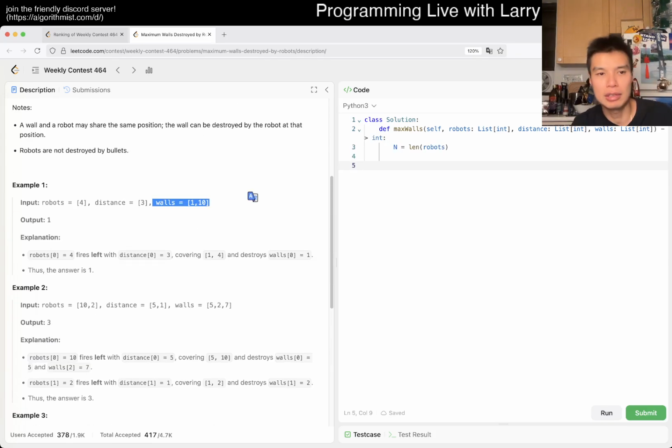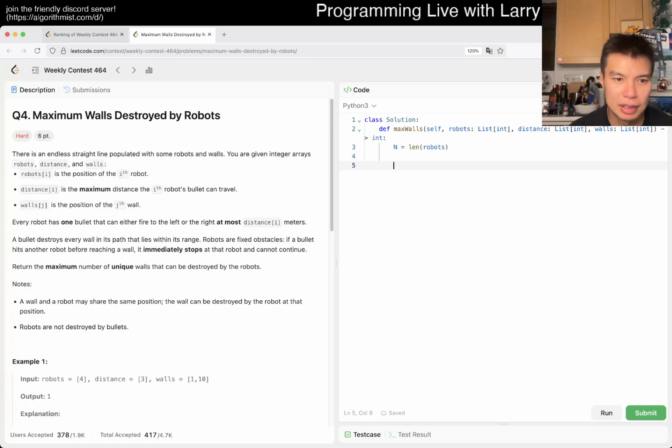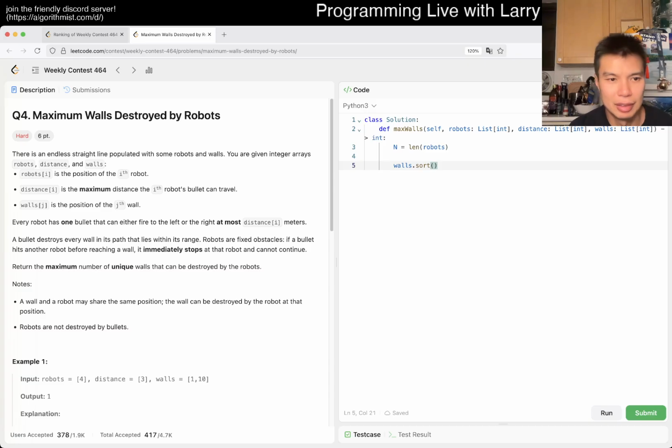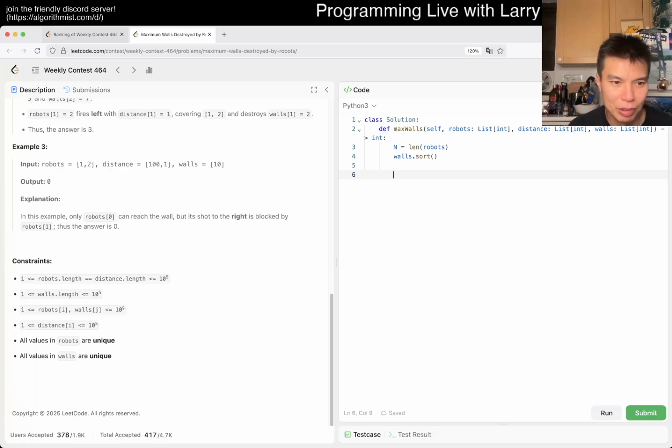Okay, so we have a robot at 4, and it's just maths, right? Binary search, maths. I assume walls are sorted, but maybe I just sort them anyway. Actually, maybe you can assume that, even though that is really silly. Robots sorted. I guess robots are also maybe not sorted, so let's just sort them. They are unique though.